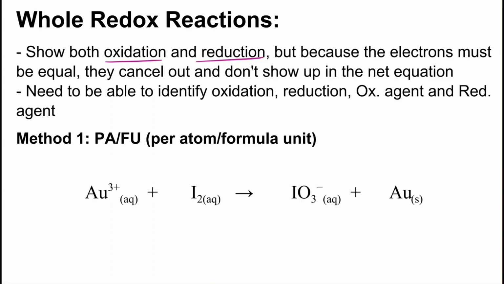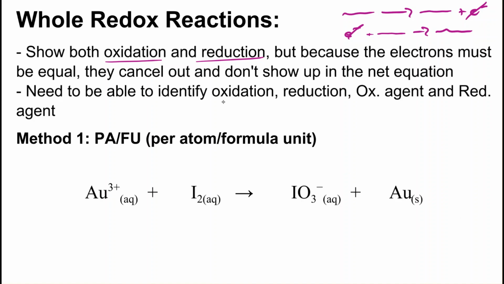So you're going to have some reaction turns into some products plus electrons. And then you're going to have another reaction plus electrons gives you other products. And when we add them up, the electrons will cancel. That's why you're never going to see electrons in a whole redox reaction.